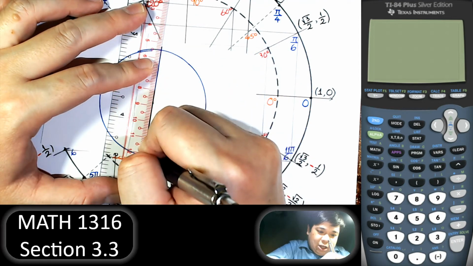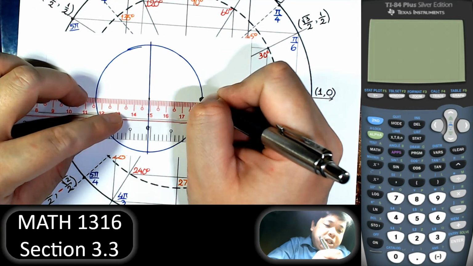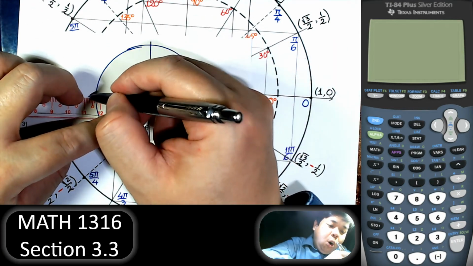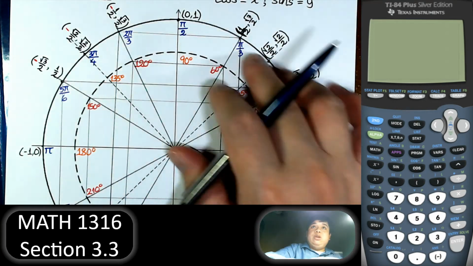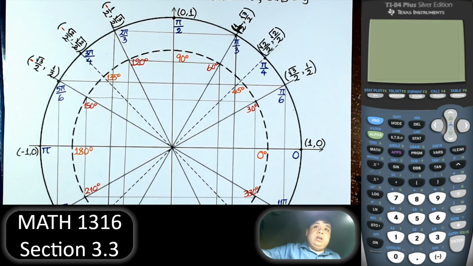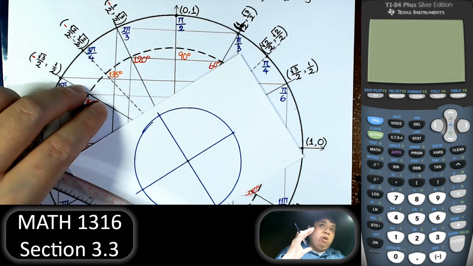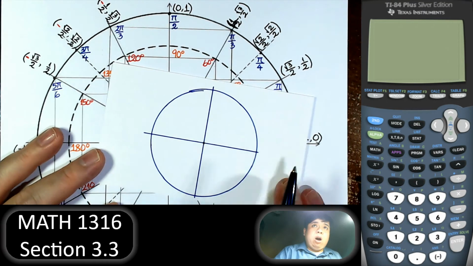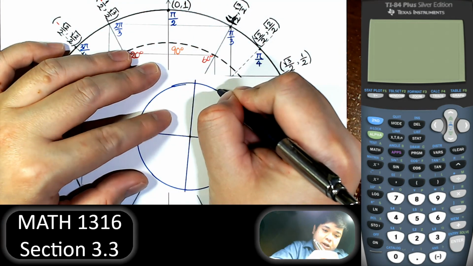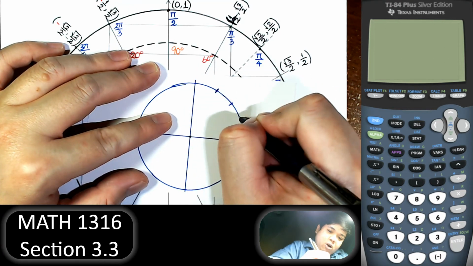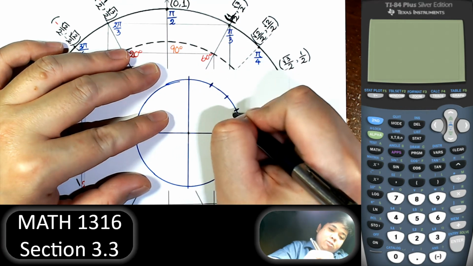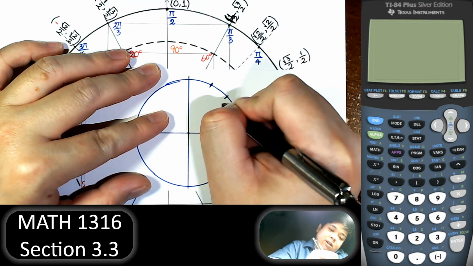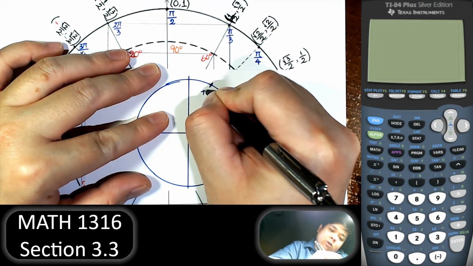As we mentioned before, since we can use the reference angle, all we need to worry about is the values in the first quadrant. We can deduce the rest of the unit circle based on the first quadrant. The other values will just change to positive or negative, depending on what quadrant it is. So there will be 3 marks corresponding to pi over 6, pi over 4, and pi over 3.